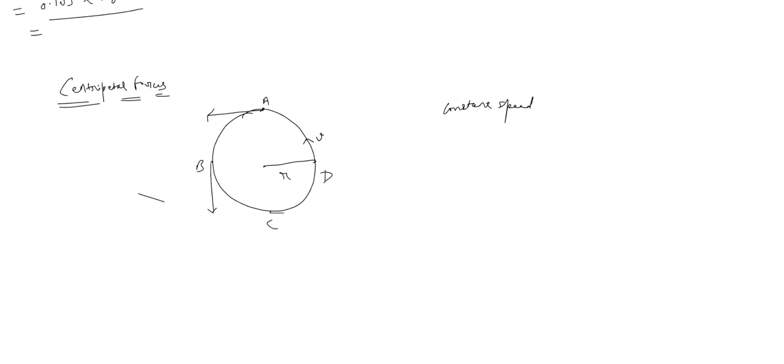At D, this will be the direction of motion. And we know that direction of motion and direction of velocity are always the same. So here we can see that any particle moving with constant speed has its direction continuously changing.